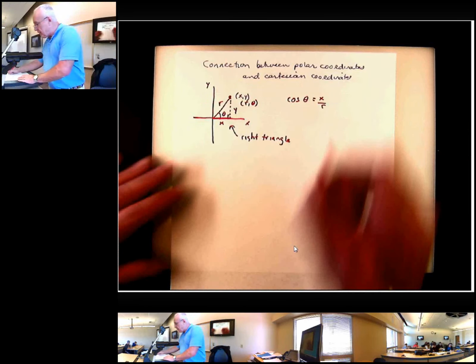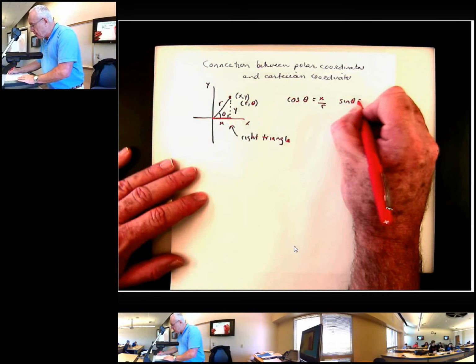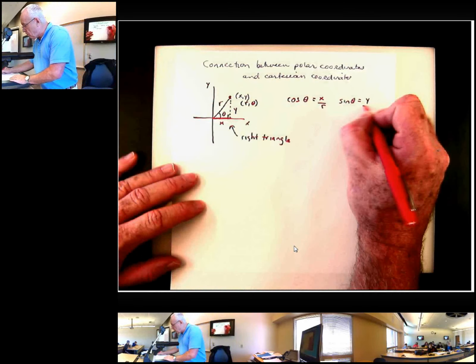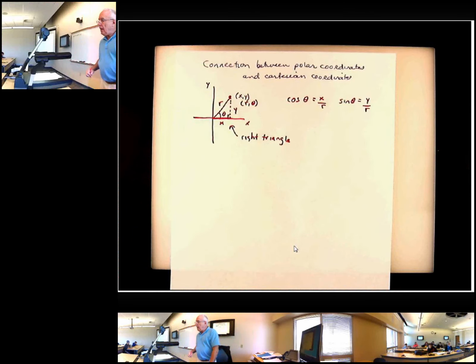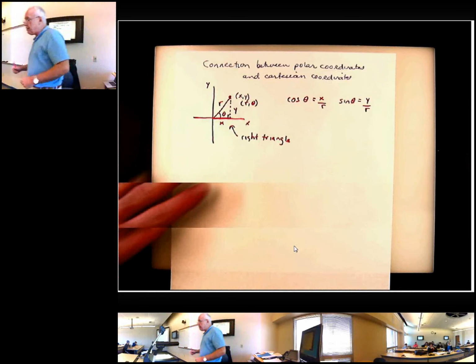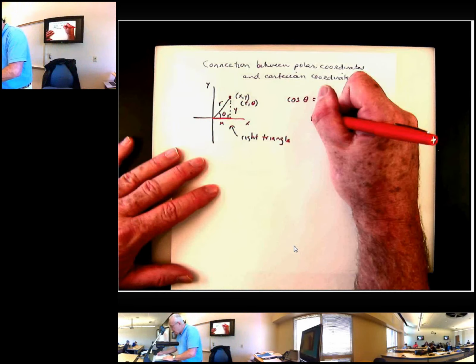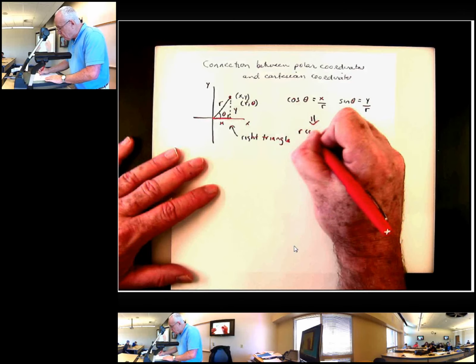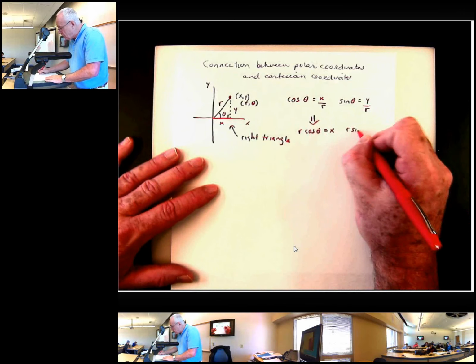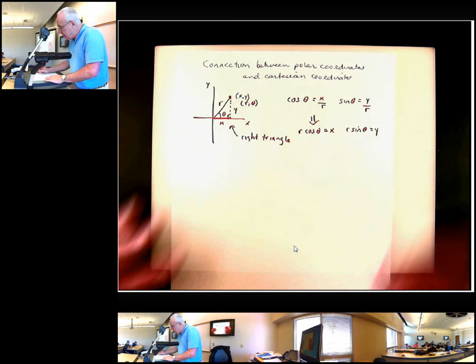And the sine of that angle, sine of theta, is the opposite over the hypotenuse. That's going to be y over r. And then if I multiply both sides of these equations by the denominator r, I get that r times cosine of theta is the same as x, and r times the sine of theta is the same as y.